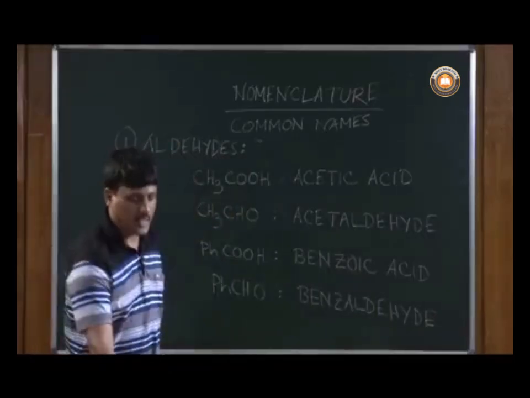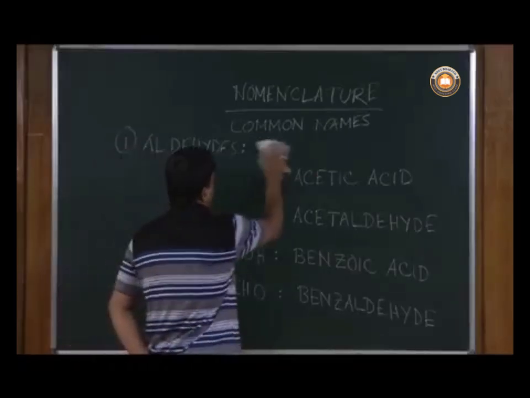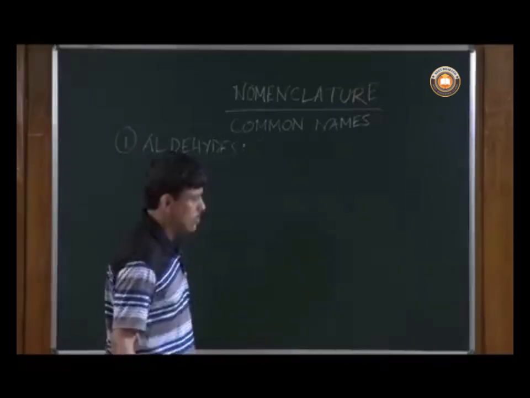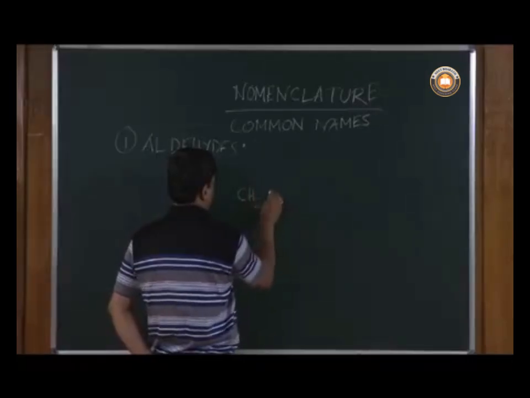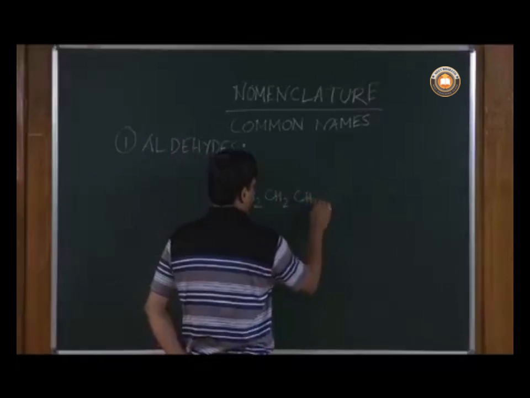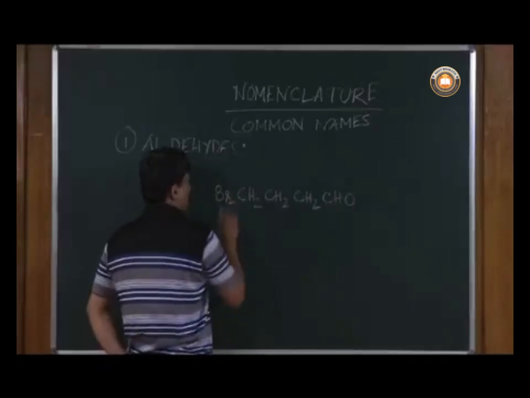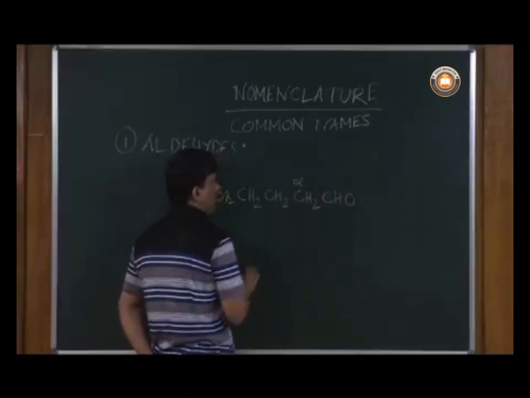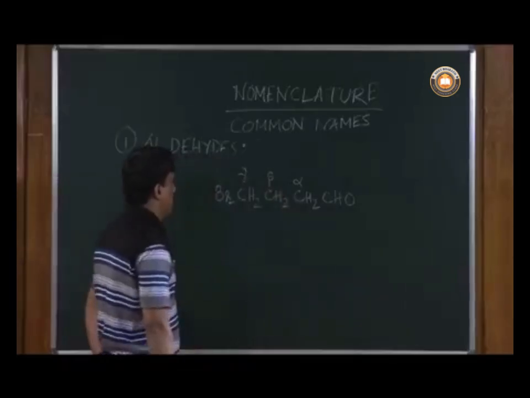Now, let us discuss an example where we can give the numbering alpha, beta, gamma, etc. So, this is the aldehyde carbon and this will be alpha carbon, this will be beta and this will be gamma.